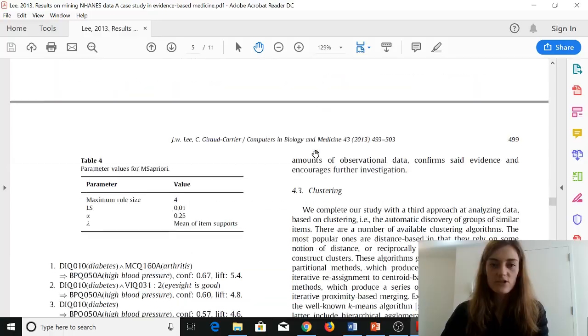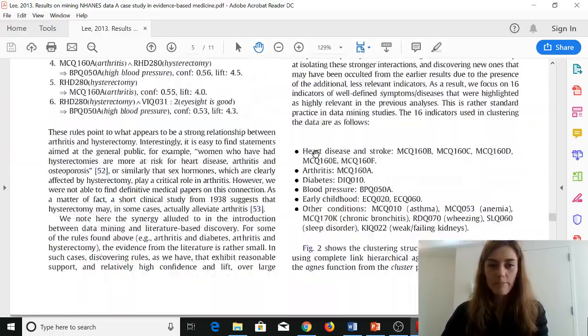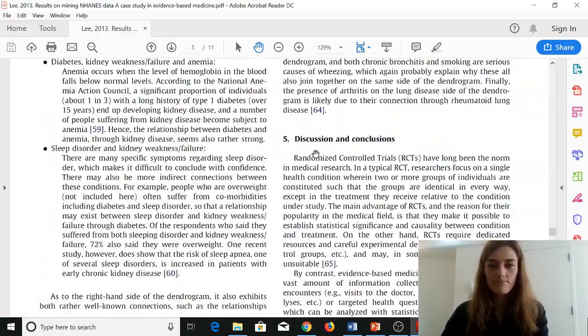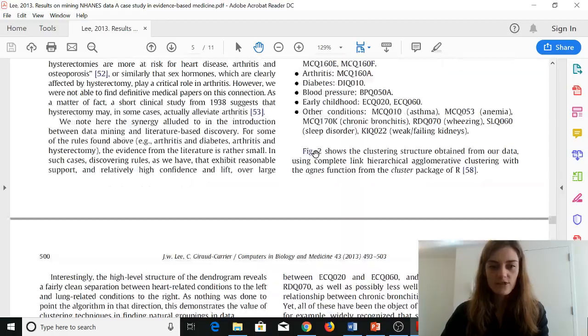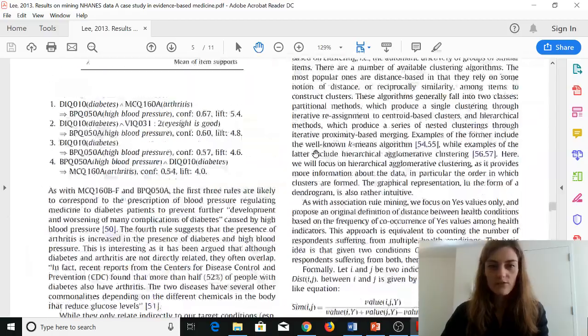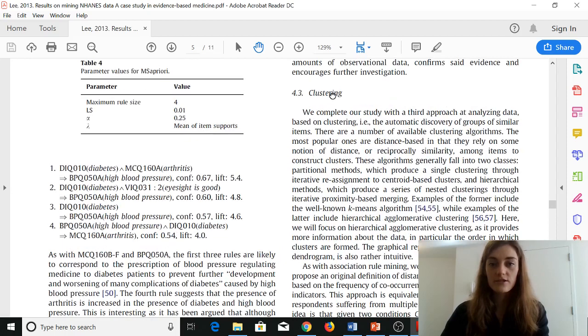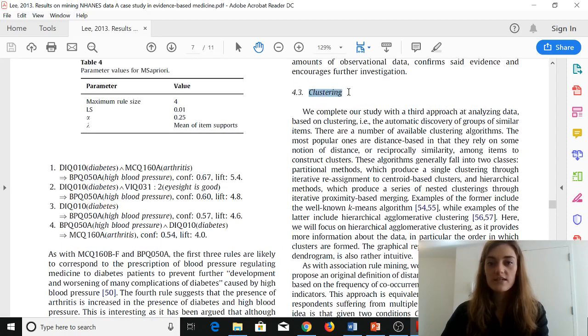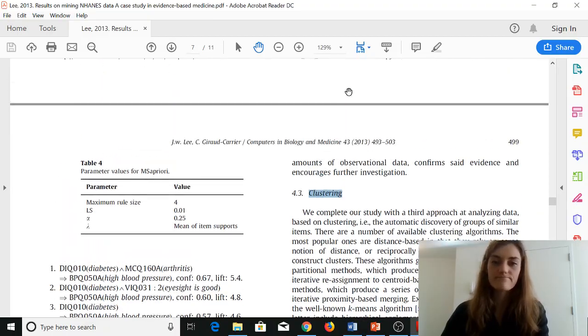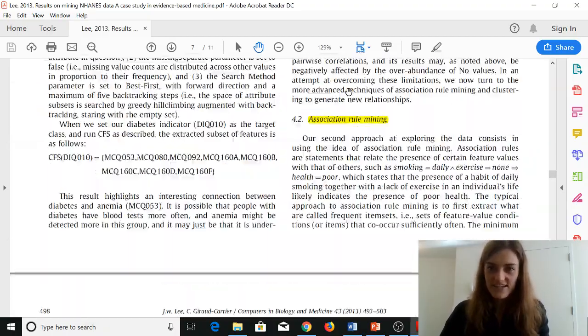And then they also looked at clustering, which we won't be doing in today's video, but I might revisit in a future tutorial segment. All right, so in this tutorial segment, we are doing association rule mining.